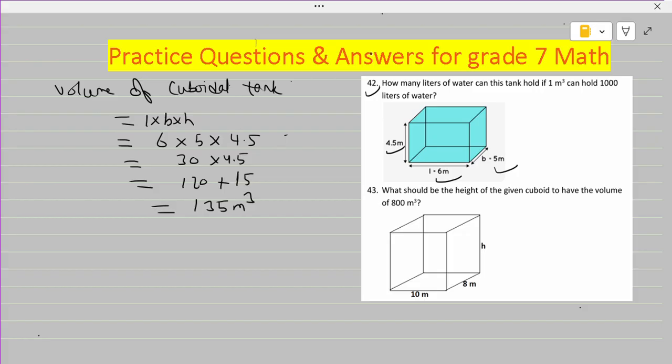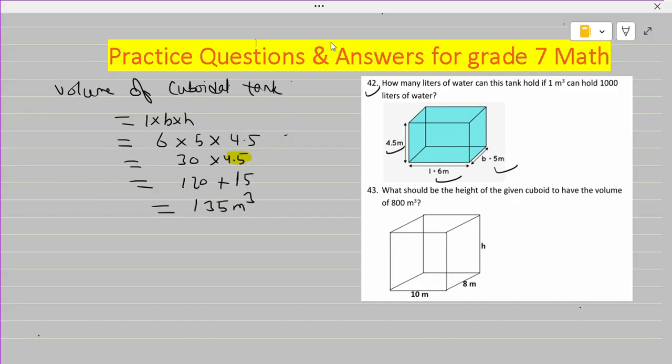Or you may multiply 30 and 4.5 directly, and you will find 135. I split the 4.5: 4 into 30 is 120, and half of 30 is 15, so 120 plus 15, I got 135 meter cube. So 135 meter cube is the capacity of the tank.